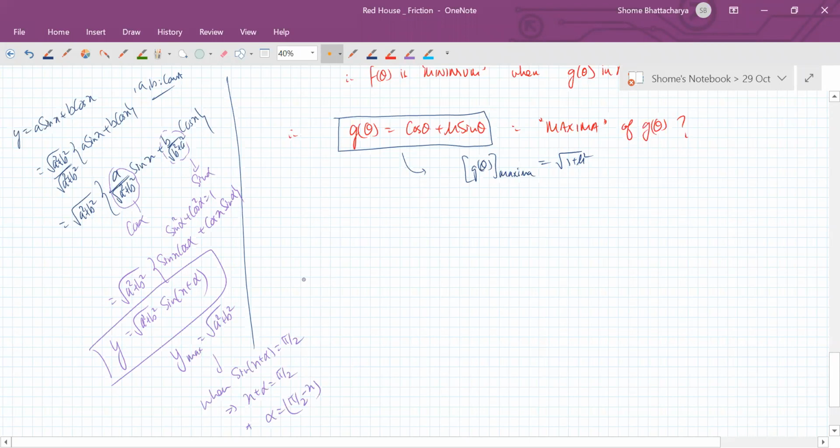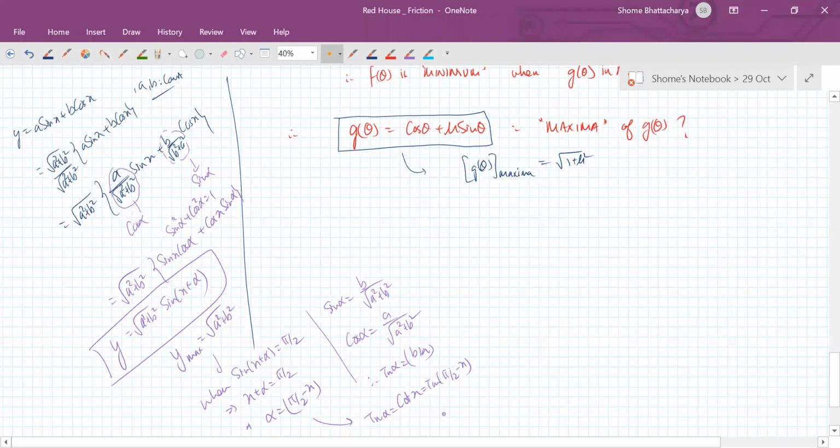Now from here you can see that sine alpha was b upon root of a square plus b square. Cos alpha was a upon root of a square plus b square. So tan alpha is b by a. And from here, tan alpha is equal to cot x, or tan of pi by 2 minus x.